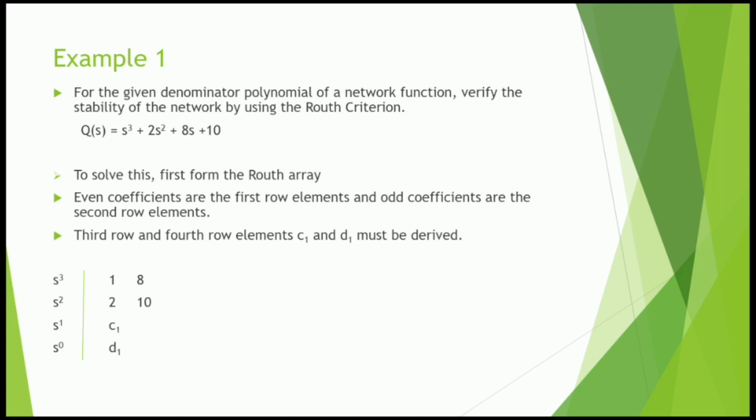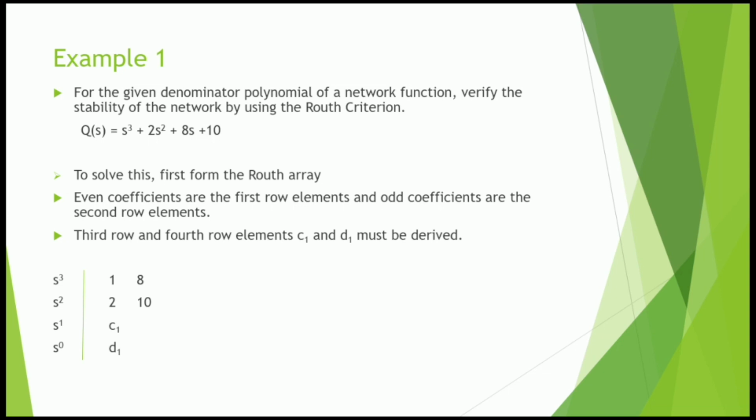Here, the even coefficients are the coefficients of s cube and s, that is 1 and 8, the first two elements of the Routh array, and the odd coefficients are 2 and 10. These are the second row elements.